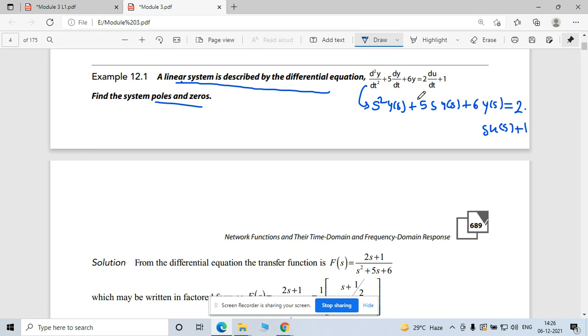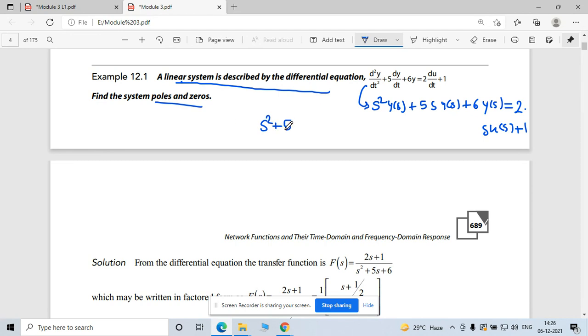So this is your whole equation in the s domain. Now take this Y of s as your output.